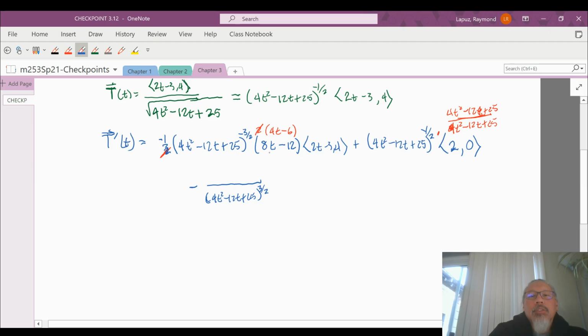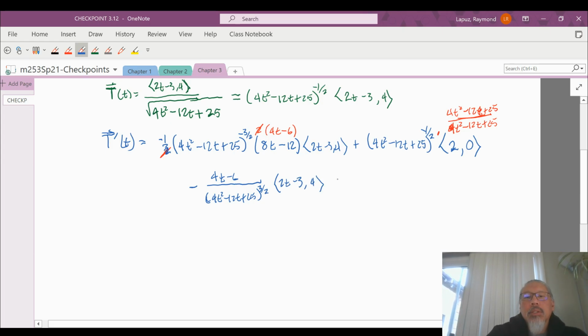And then we have 4t minus 6. Now this thing is going to have a negative in front of it, so why don't we go ahead and distribute that negative sign. Oh, we can do it later when we start combining things. So we have a 2t minus 3 and a 4 over here.